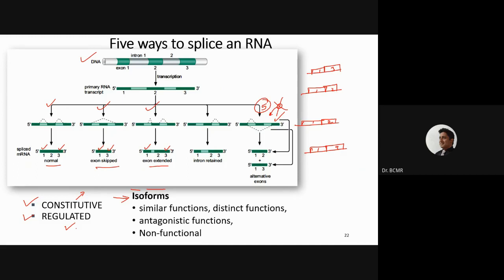So there is a certain degree of amino acid sequence similarity. Similarity means actually it's kind of identical. 3 and 1, the sequences are identical. What is varying is whether 2 is present or not, and whether there is any addition or not. Those are called isoforms.